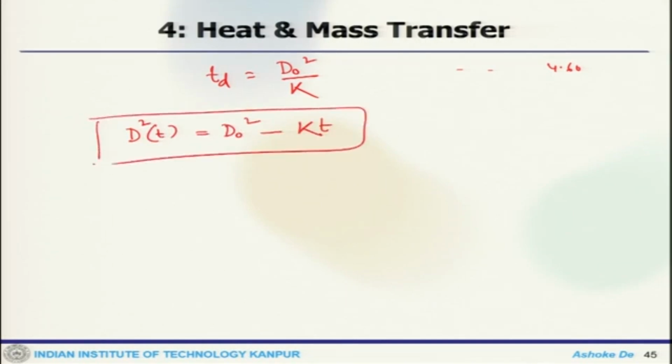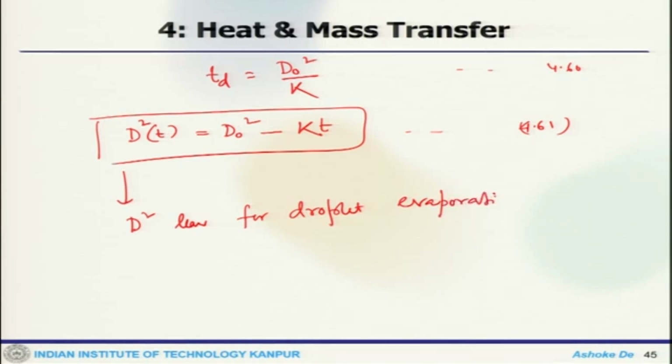This is a more generic expression, and this is commonly referred to as the d squared law for droplet evaporation, which in two phase flow is a very well known equation.